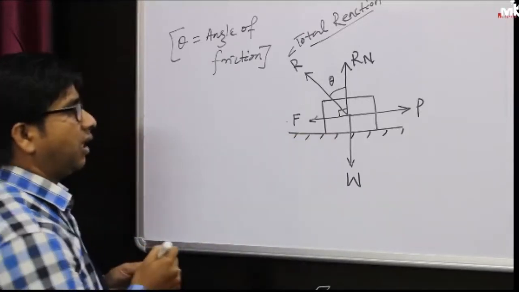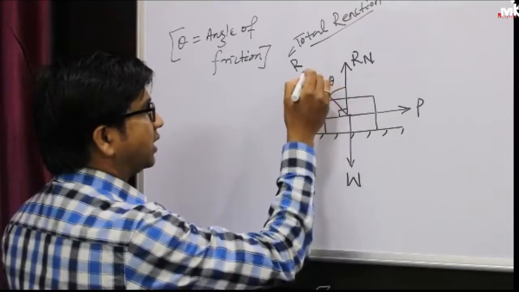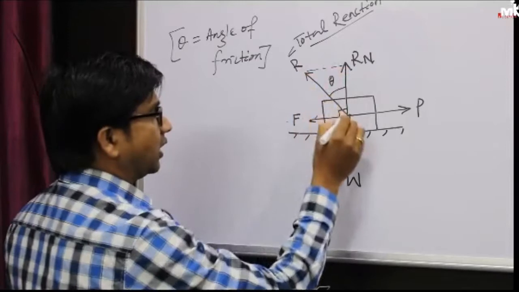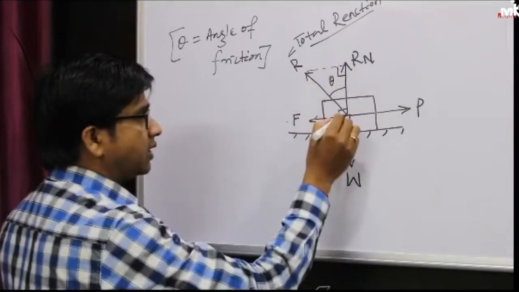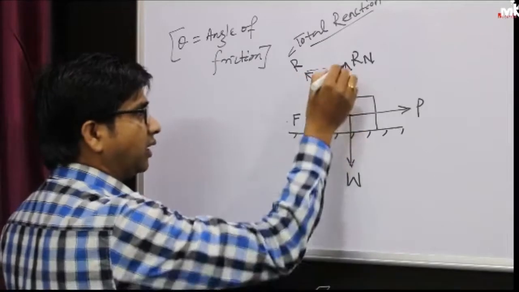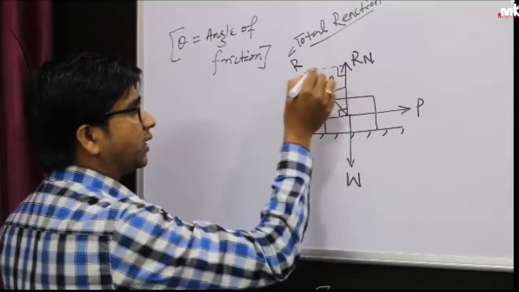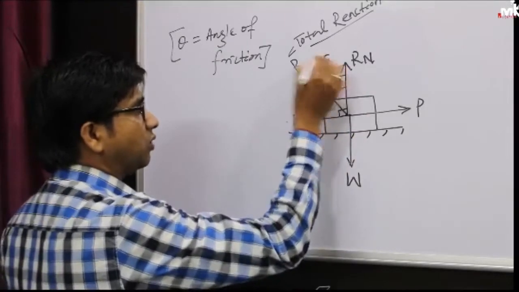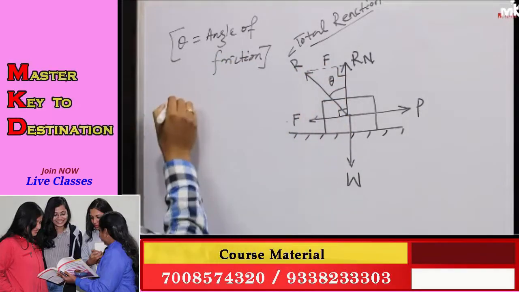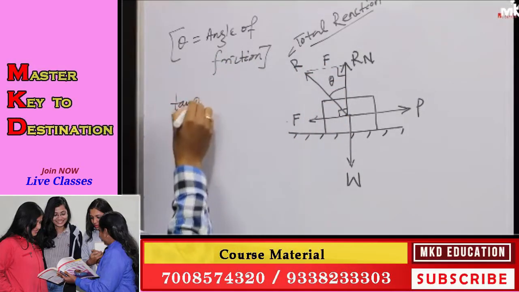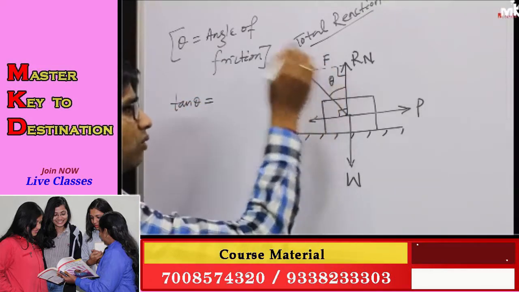And friends, there is another term we will study later, but I will give you a hint now. This forms a right angle triangle, in which this side is the normal reaction Rn, and this is the total reaction R. The frictional force is the parallel side, so you can write it as F. So what is tan theta? Tan theta, where theta is the angle of friction, is perpendicular by base.